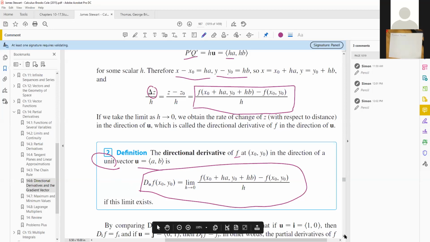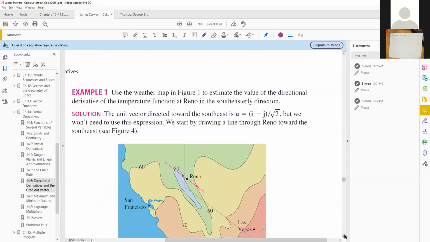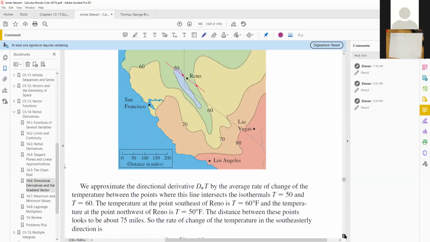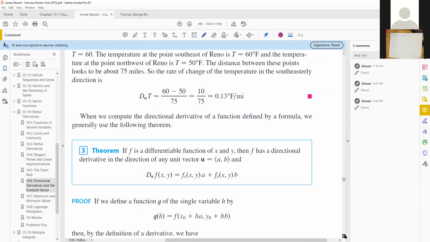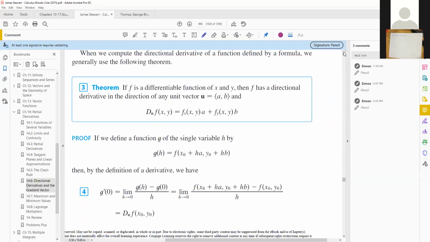Okay, and we can use this definition, or simply we can move on to this theorem that says that the directional derivative of f at the point x, y is nothing else but partial f partial x times the a component of the unit vector plus partial f partial y times the b component of the unit vector.